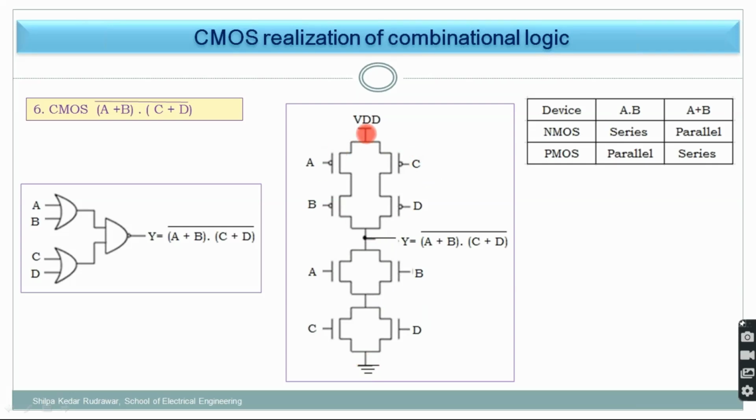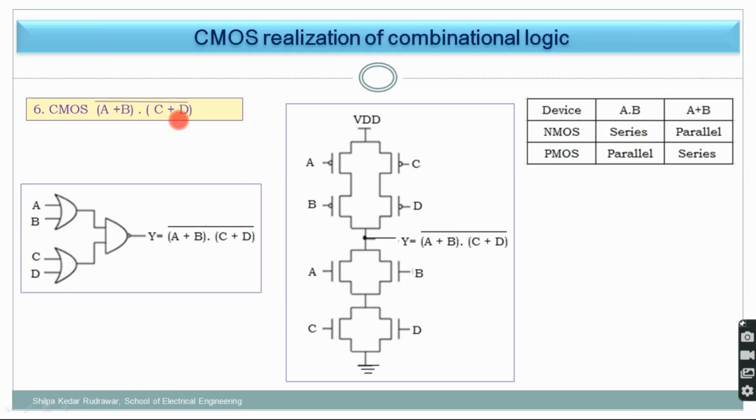I hope everyone has pen and paper with them, so draw along. A plus B: how many NMOS are there? A, B means two variables, so two NMOS. Plus means parallel connection, so A and B are connected in parallel. Dot indicates what? Series. Series means a straight line.